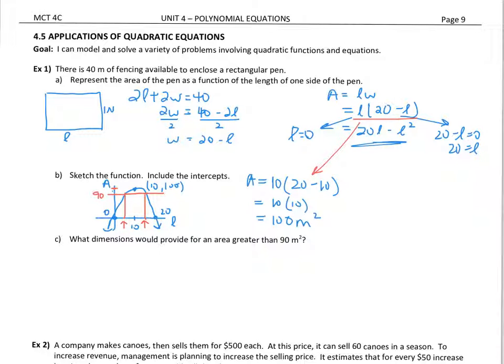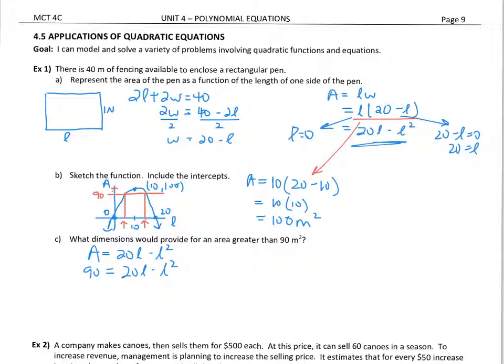So in order to work with that equation, we could take our area equation. I'm going to take the expanded form that we have here, and we want to set that equal to 90 so we can solve for the values that I pointed to in the graph up above.